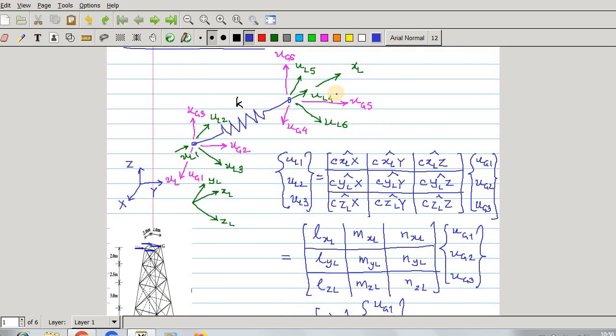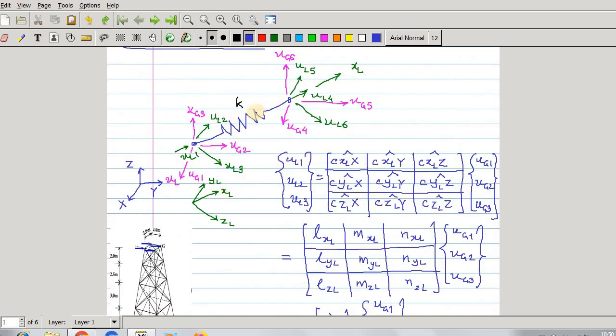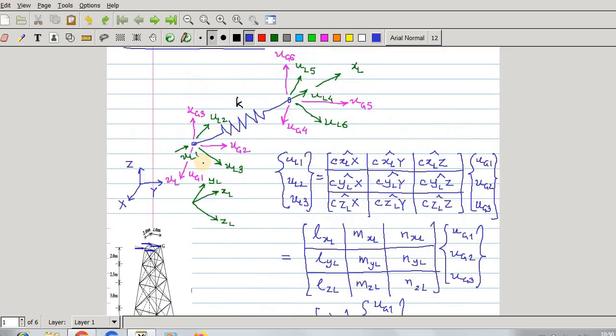Now, these types of truss elements are generally used for analysis of tower structures. You have seen transmission towers which carry electric wires. In these transmission towers we mostly use this 3D truss element.